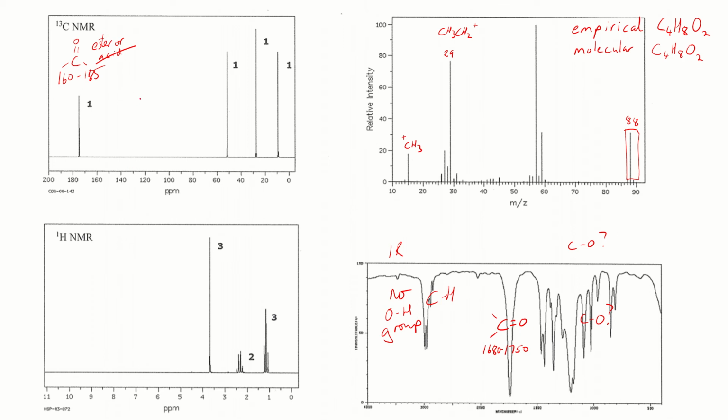So the other thing I would look for is just to confirm that I should have a peak between 50 and 90 because the ester functional group is this. And I can see I do here, 50 to 90. So there's the C single bond O peak.